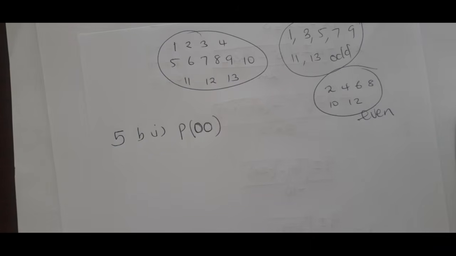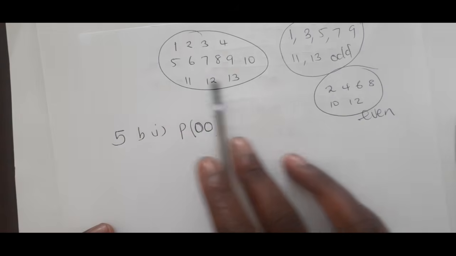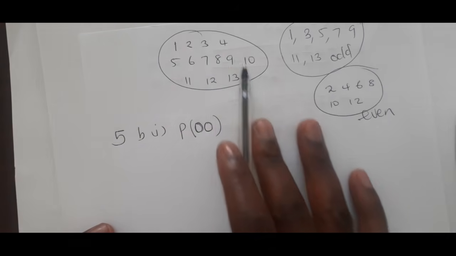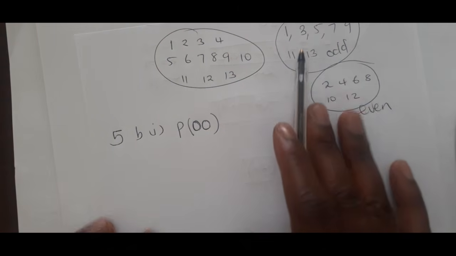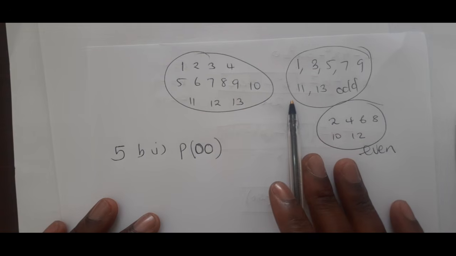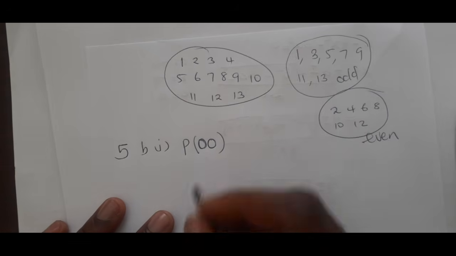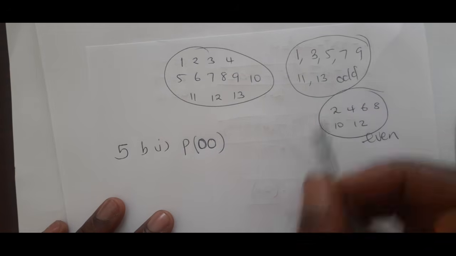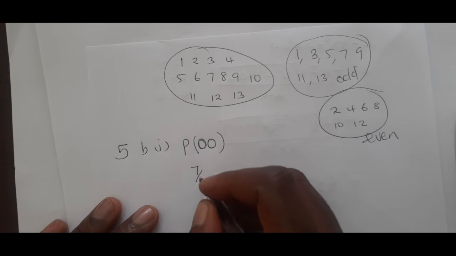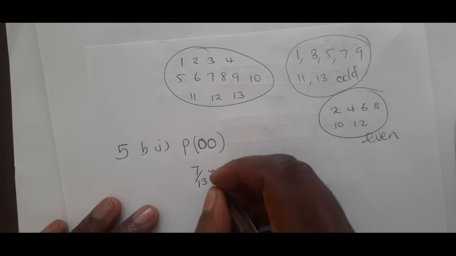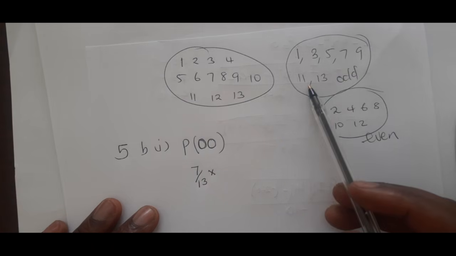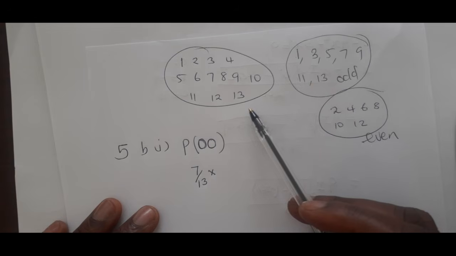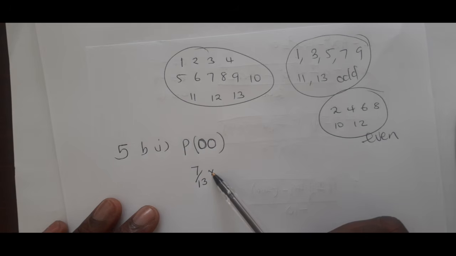Let's go into this bag. How many odd numbers do we have? There are 7. So the probability of picking the first one as an odd number is 7 over 13 multiplied by, what is the probability that the second one is going to be an odd number?